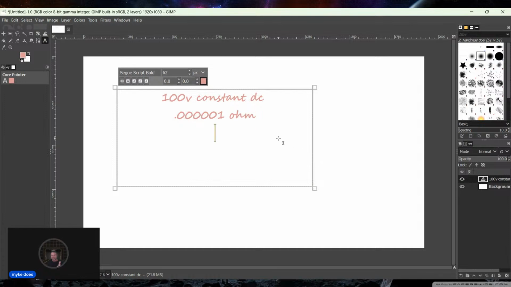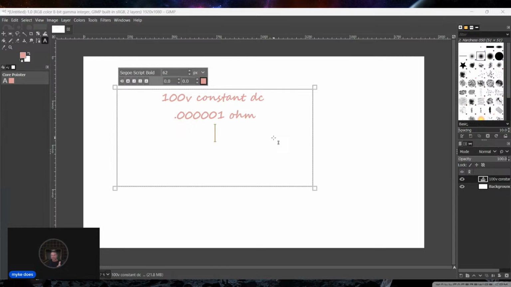So you divide your 100 volts by that decimal number to get your current capacity across that superconductor. So 100 divided by 0.000001 ohms equals 100 million amps.